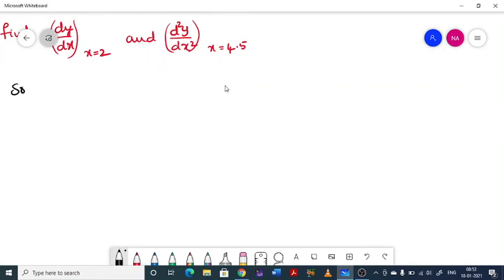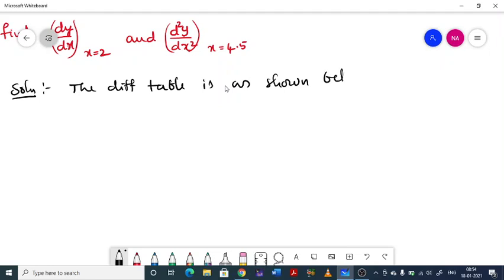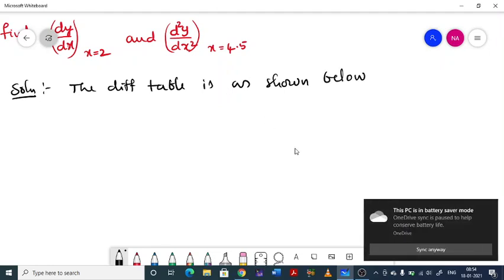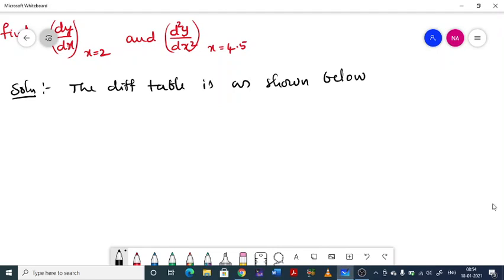The difference table is as shown below. The values of x are -2, -1, 0, 1, 2, and the values of y are 0, 0, 6, 24, 60.